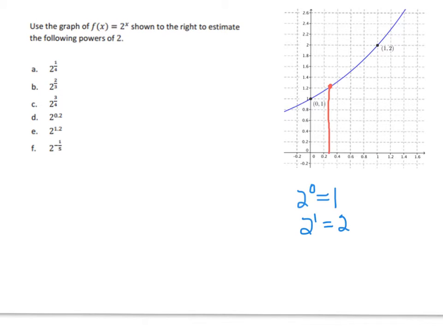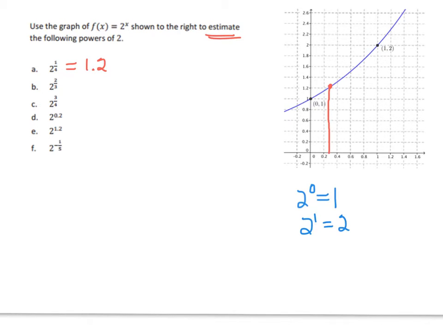So 0.25 is going to be not quite halfway between 0.2 and 0.4. I'm going to estimate that value at a little bit more than, it might be pretty close to 1.2. So I'm going to say, let's call that one 1.2. And again, remember here, the goal is to estimate these answers.